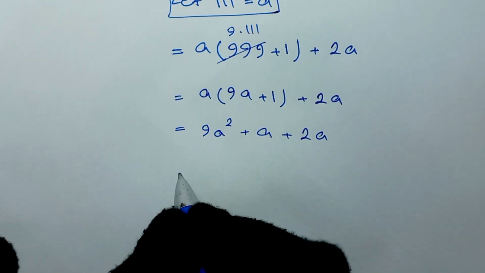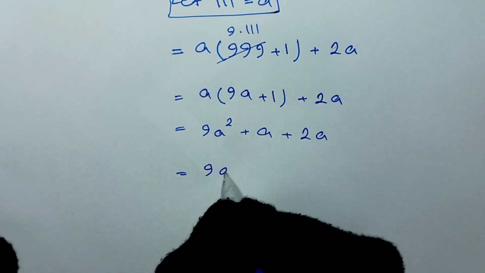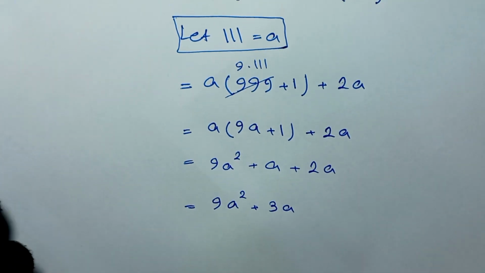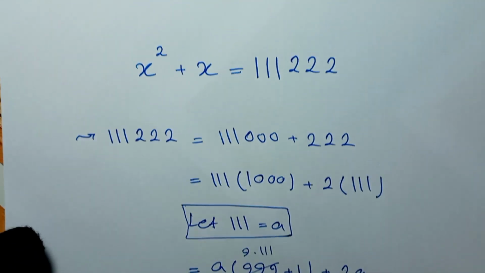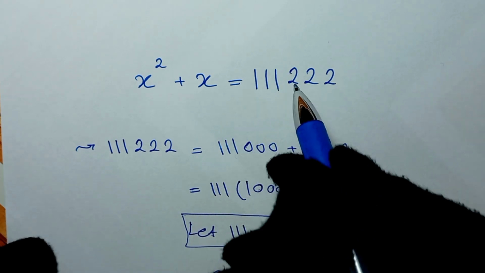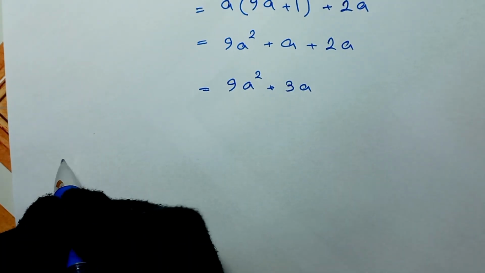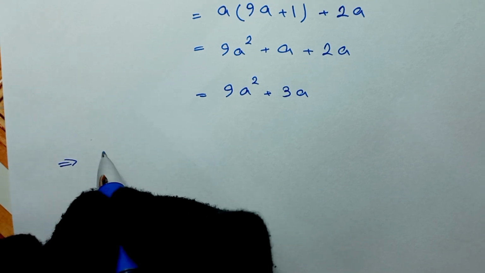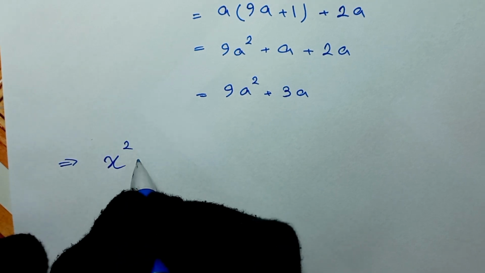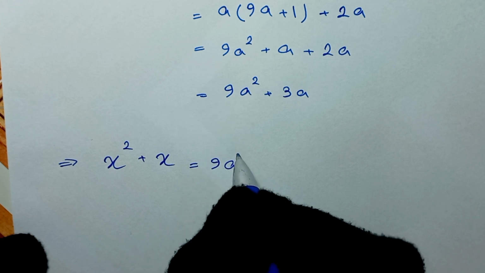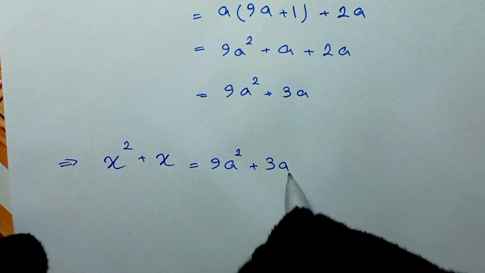This is equal to 9a squared plus 3a. So we write our equation: x squared plus x is equal to 9a squared plus 3a.